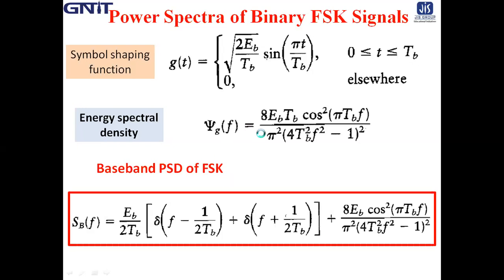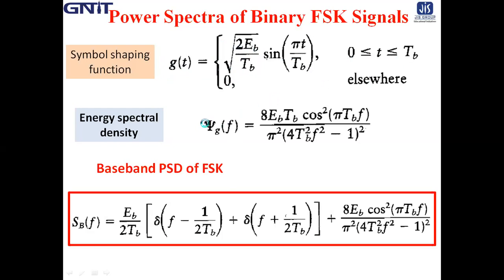Therefore, the symbol shaping function g(t) is defined by square root of 2 EB by TB sin pi t by TB when t belongs to 0 to TB. Otherwise, it is 0.